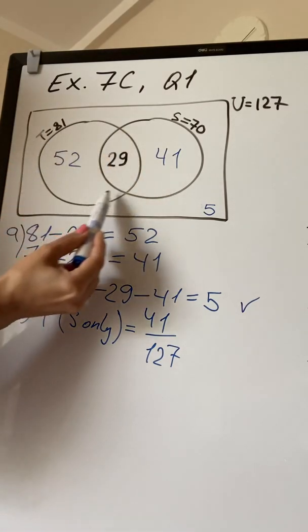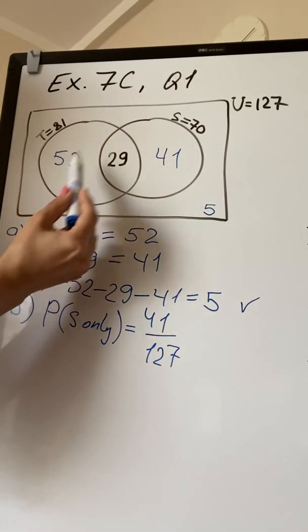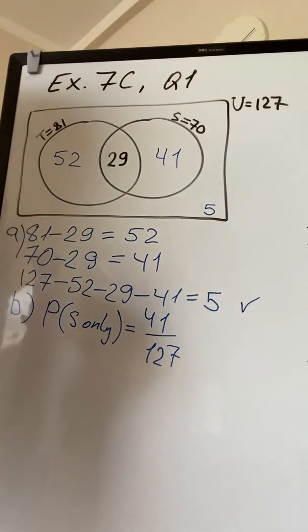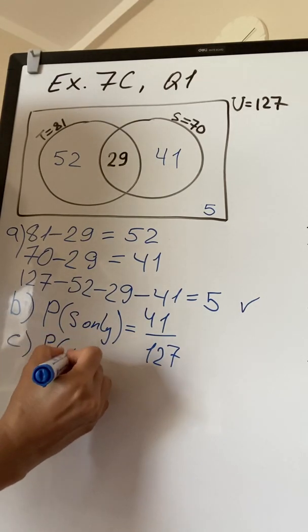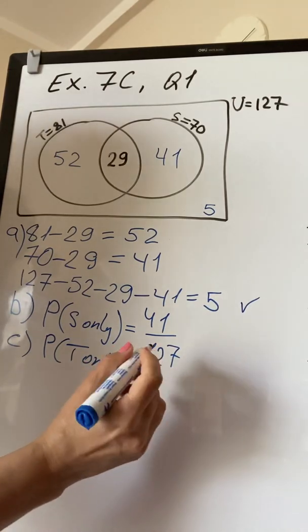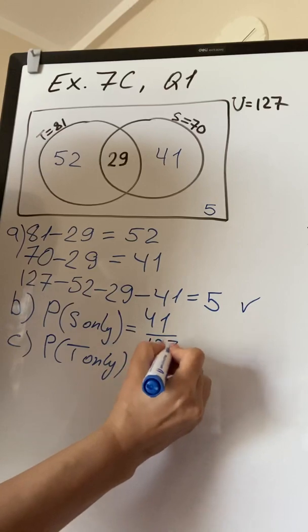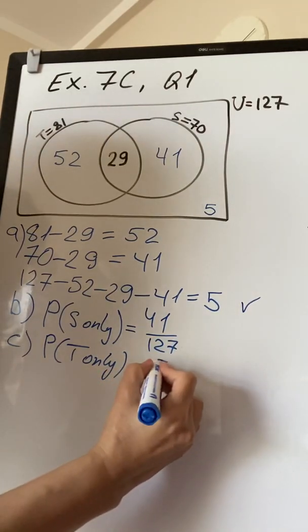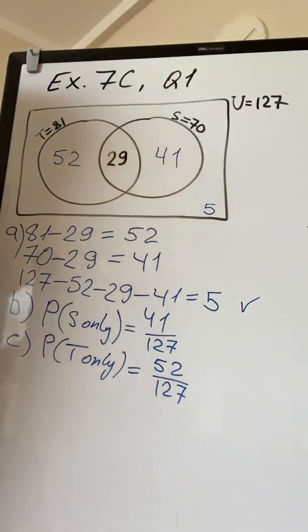It's that area, it's 52. So the probability is 52 over 127. Let's just record that. So the probability of tablet only is 52 over 127.